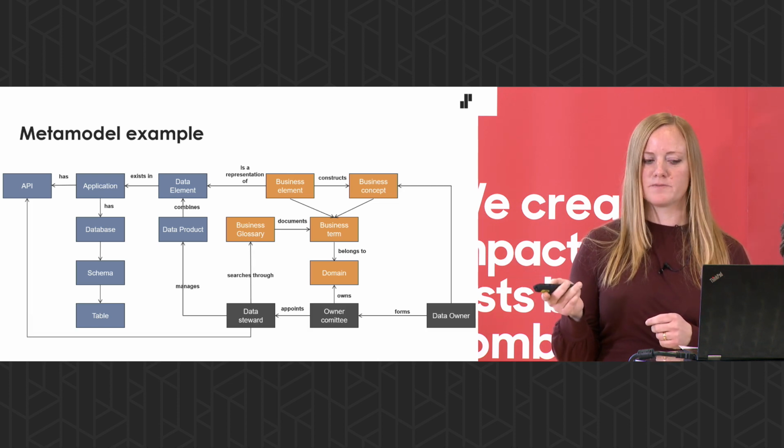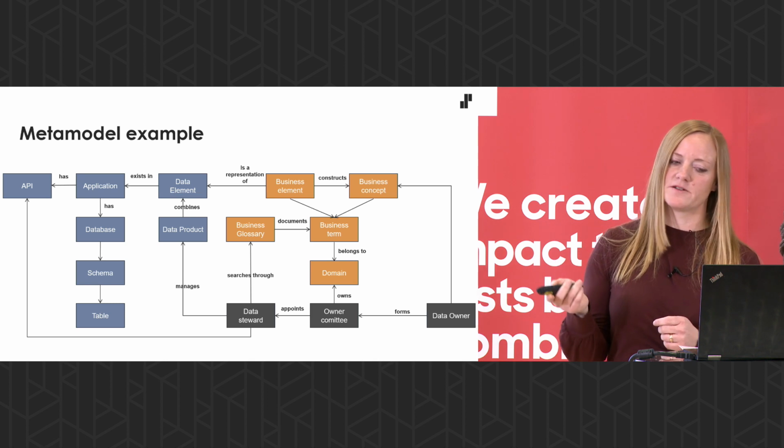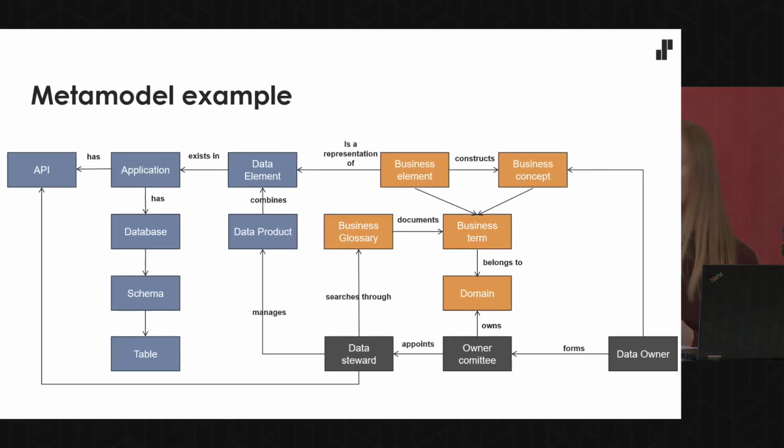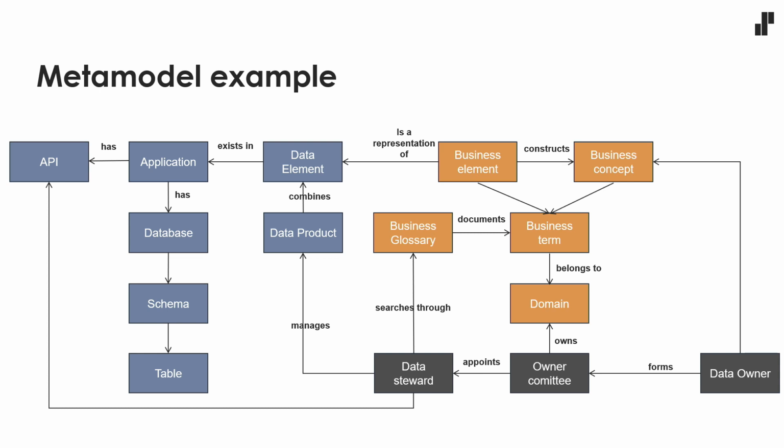From a data governance point of view, metadata is also important. We could have an owner committee of some sort that wants to start structuring this data, so they own the domains. Then we have data stewards. It could be named many other things, but data steward is a term we see more and more used. The owner committee appoints these data stewards, and these are the ones that actually search through, for example, the business glossary, along with other regular users.